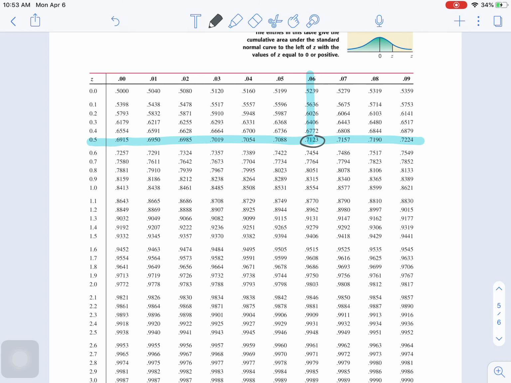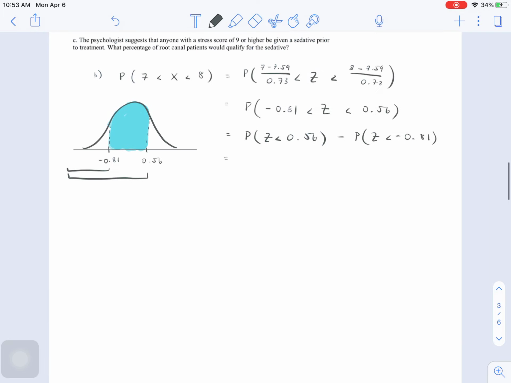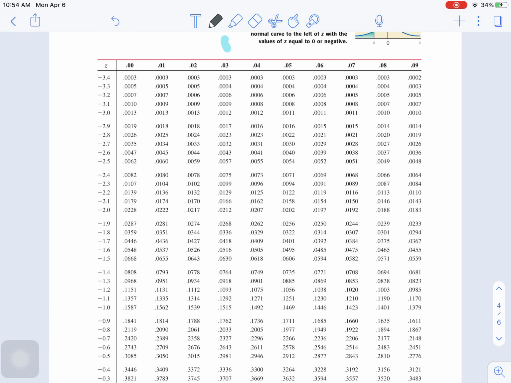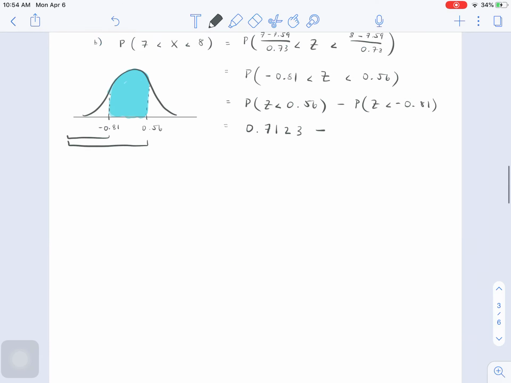So that area is 0.7123. Then I want to subtract the area to the left of negative 0.81. So I'll find z equals negative 0.81 in my table. 0.8 is here. Negative 0.81 is here. So the area to the left of negative 0.81 is 0.2090.